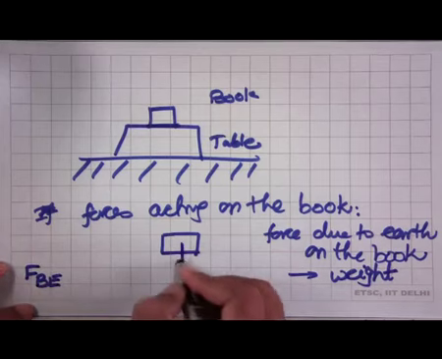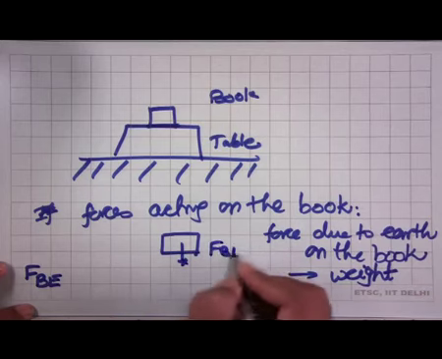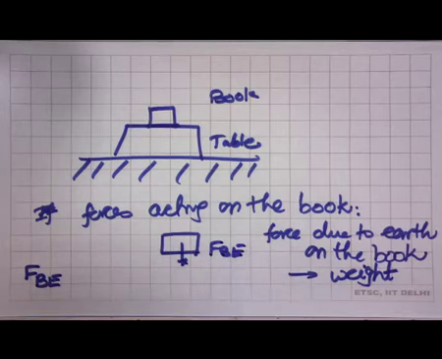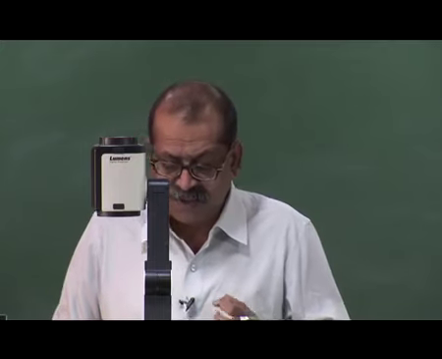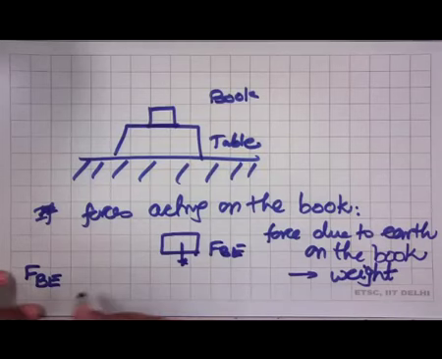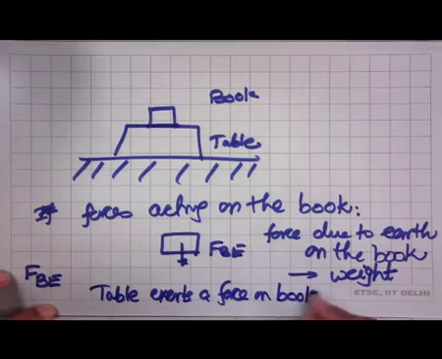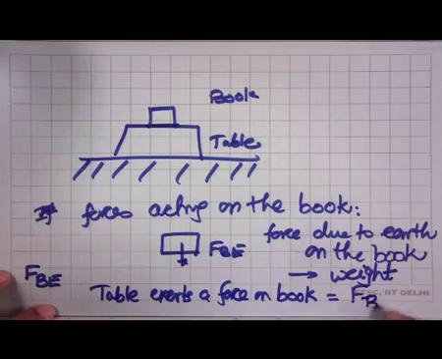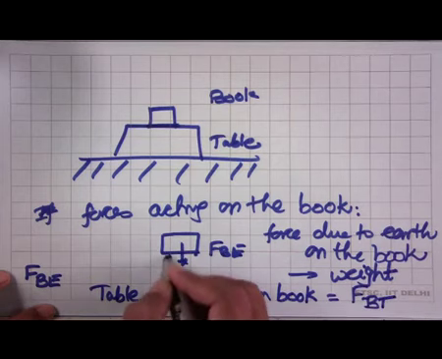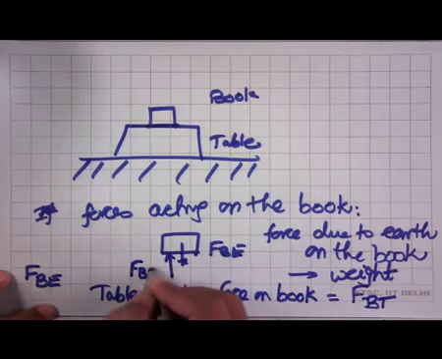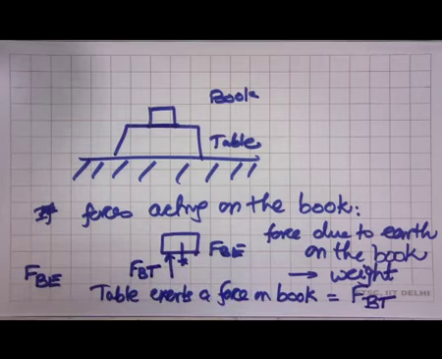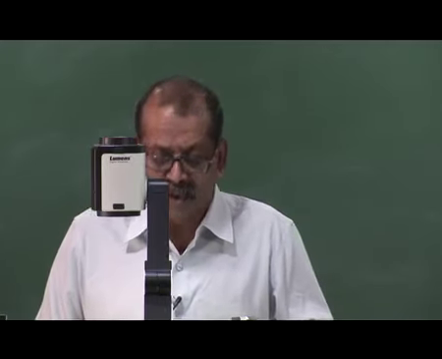So, FBE is the force by which the earth is pulling the book towards itself. And what we also find is that the table exerts a force on the book. Let us call this force FBT. FBT is the force which the table will exert on the book.